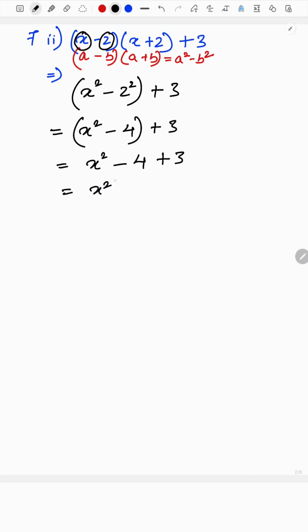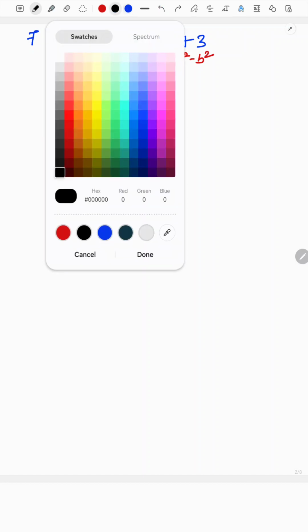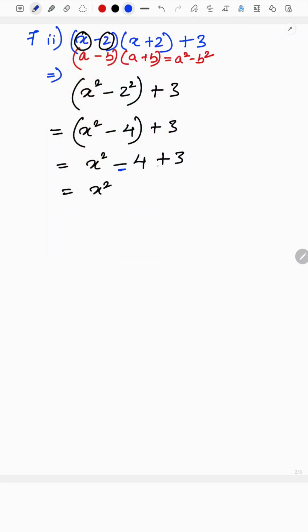That is going to give me x square minus 4. When I open the bracket, I'll have plus 3. That will give me x square, minus into plus is minus. So this sign and this sign will give me minus. So 4 minus 3 will give me 1. 4 is a greater number and it has a sign minus, so I'll have the minus sign here. So this one can be written as 1 square. So here again I get in the form of a square minus b square, which means a minus b into a plus b.